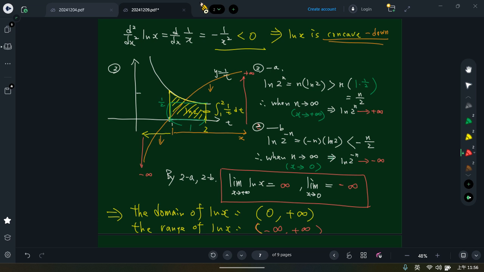So if we get the inverse function for ln x, you can guess that the domain of the inverse of ln x will be negative infinity to positive infinity. But the range for the inverse of ln x will be 0 to positive infinity.